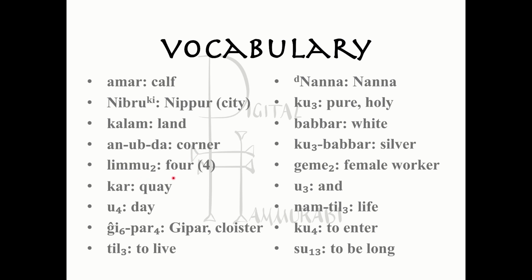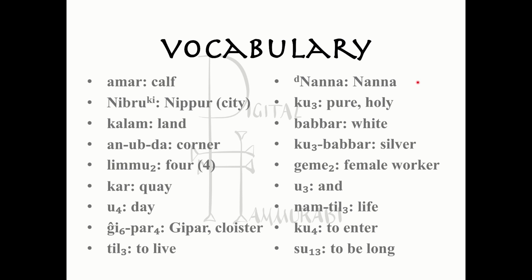Limmu2 is 4, the number. Kar is a key. U4 is day. It can also mean when, but we'll discuss that later, and that makes sense, right? Ni6-par4 is the Gipar, or the cloister. And you'll see that in the inscriptions. Til3 means to live.